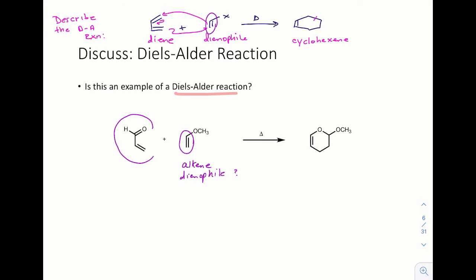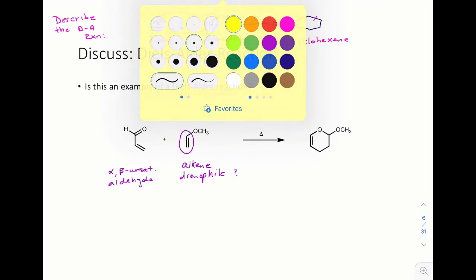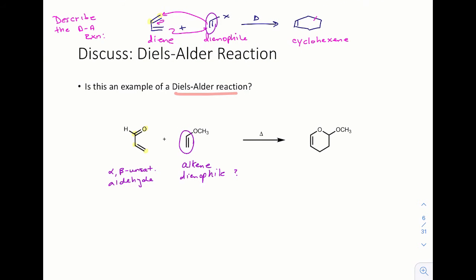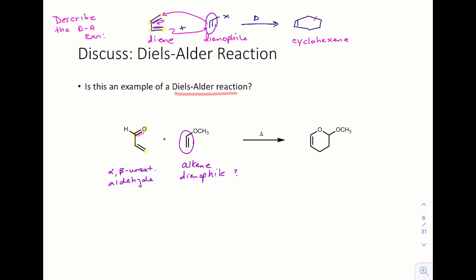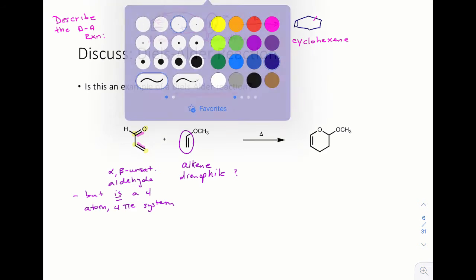And this species looks a bit like a diene, except it's not. It's an alpha beta unsaturated aldehyde. But it does represent a 4-atom, 4-pi electron system, just like the diene. So in that way, it's similar to a diene.